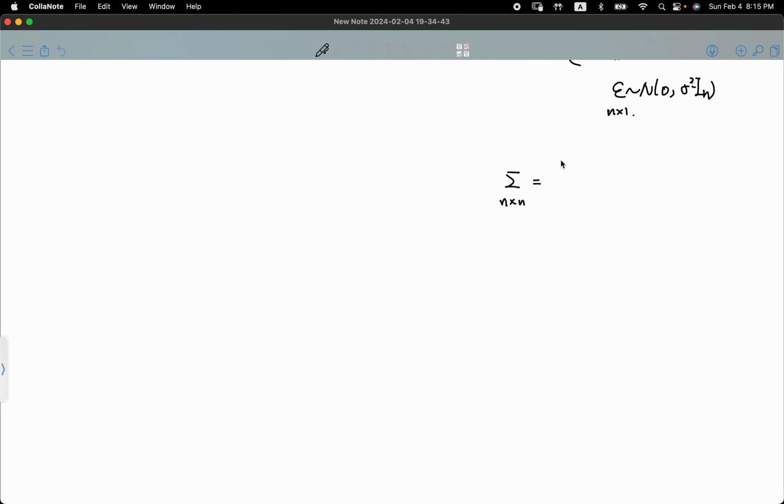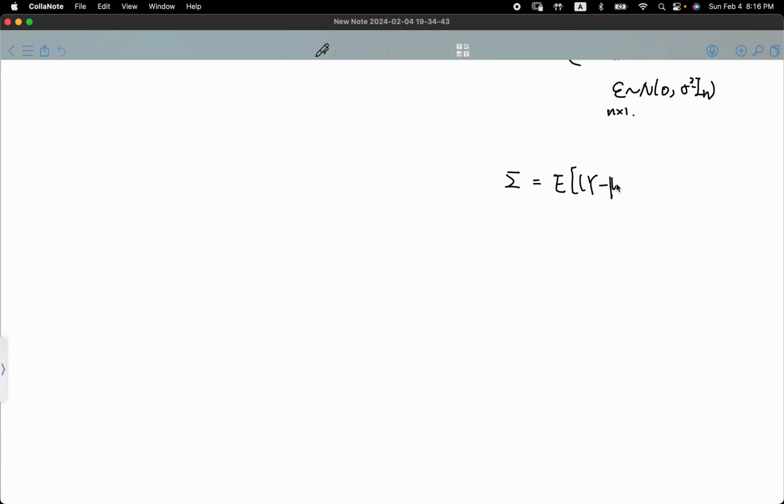Here we just comment on one thing. This is equal to the expectation of, let's see what notation to use. Maybe I'll just use a general notation and in the end we'll make the switch.